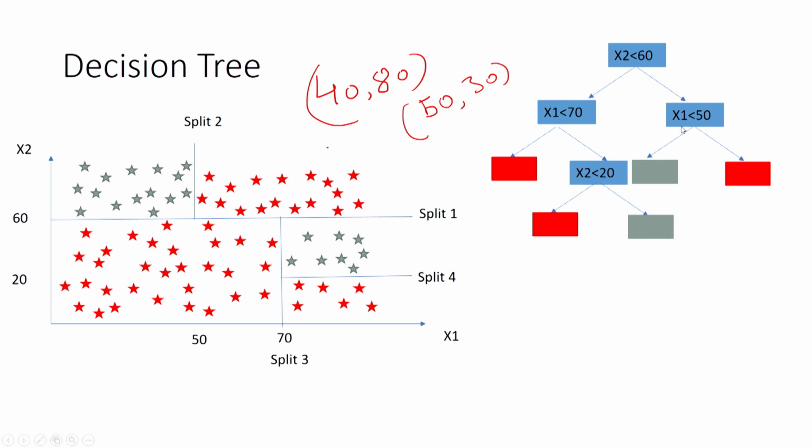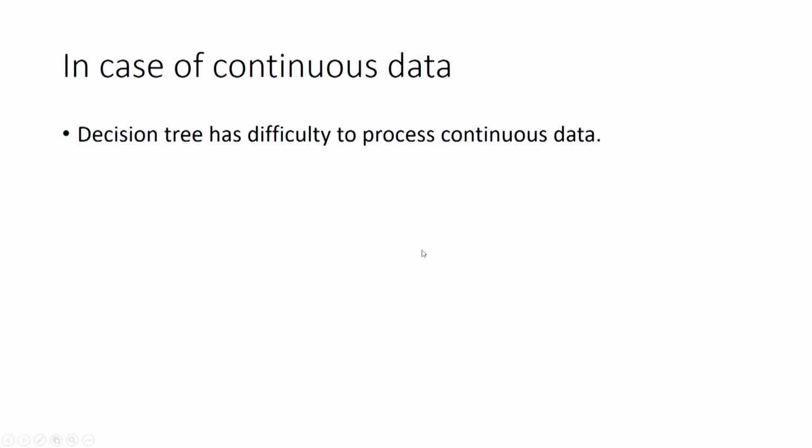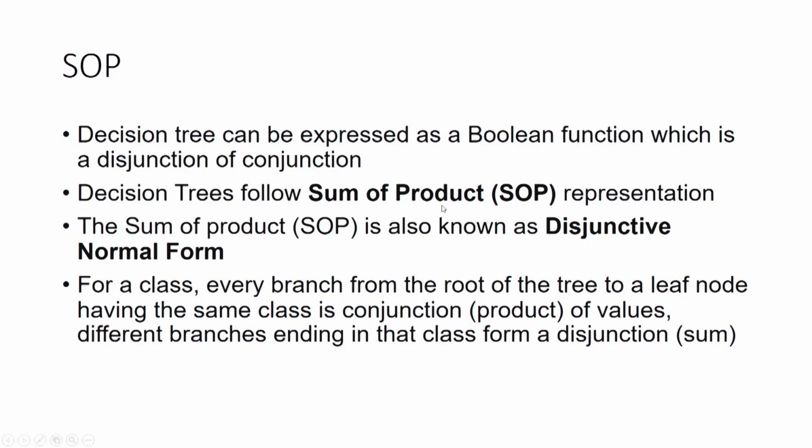So, this is the difference between continuous variables and categorical variables. Decision tree will be easy in case of categorical variables, otherwise it will need to do some more work.